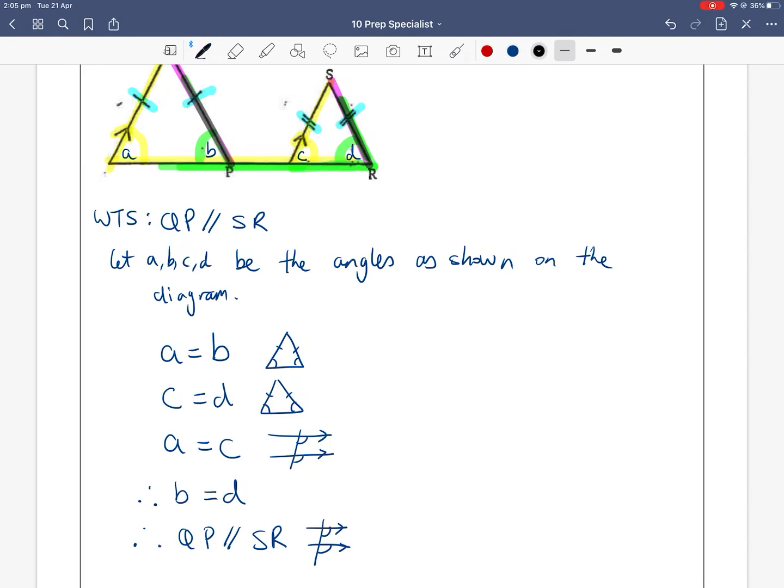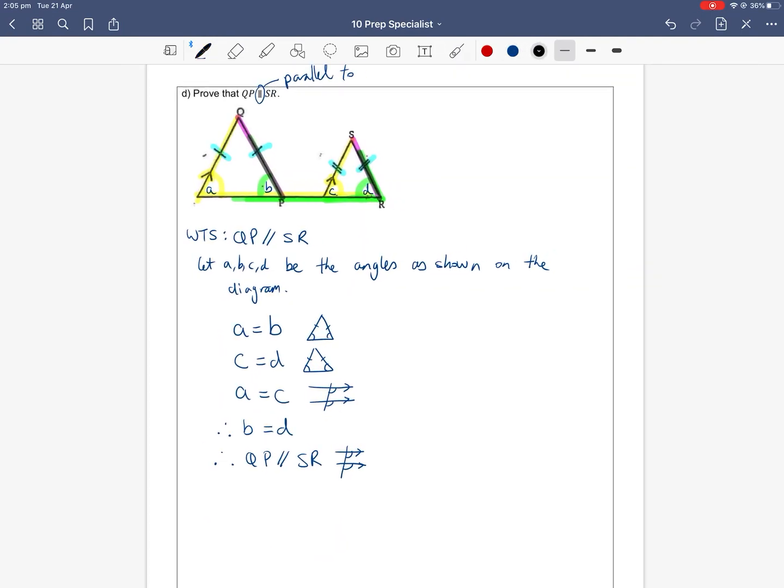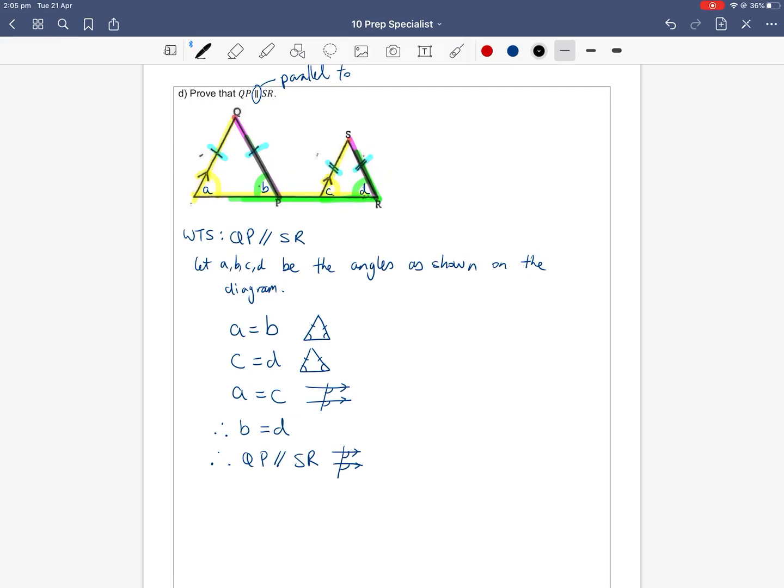So it looked scary initially, this proof, but it's actually not that bad once you write down what you can observe and any patterns that you know of. So a general hint with all these proofs is make use of the typical angle relationship of supplementary angles add up to 180 degrees. So angles lying on a straight line add up to 180. Angles in a triangle add up to 180 degrees.